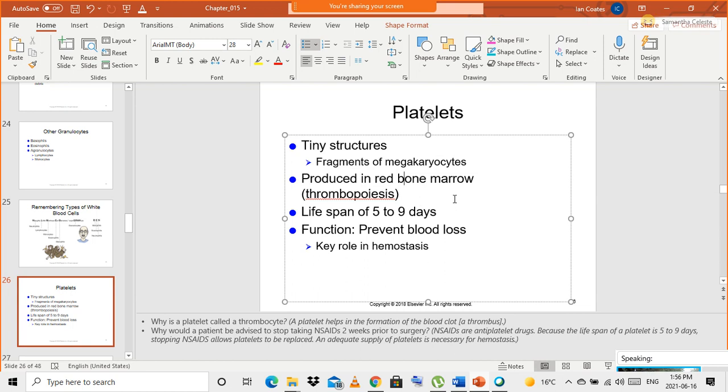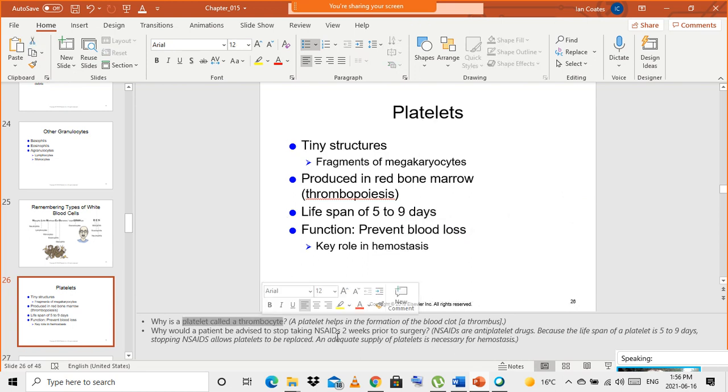these platelets that are produced in the bone marrow, they only last about 5 to 9 days. Function, prevent blood loss. Key role in hemostasis. So why is a platelet called a thrombocyte? The platelet helps in the formation of blood clots. Thrombus. Okay? And what's that called there?